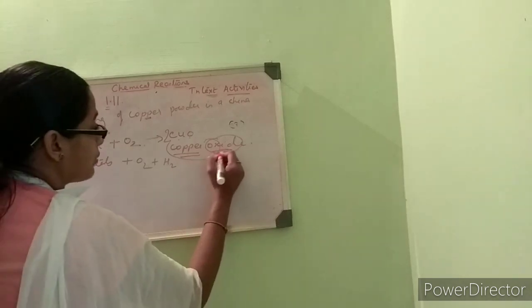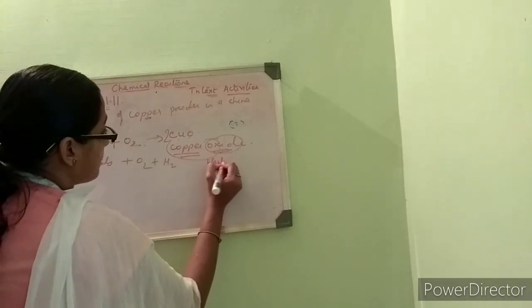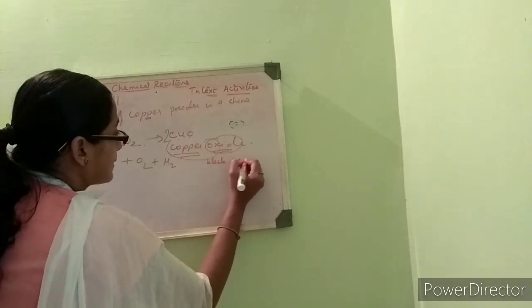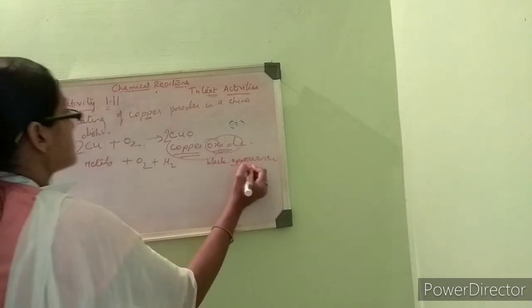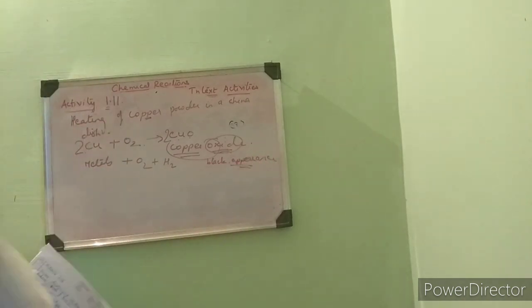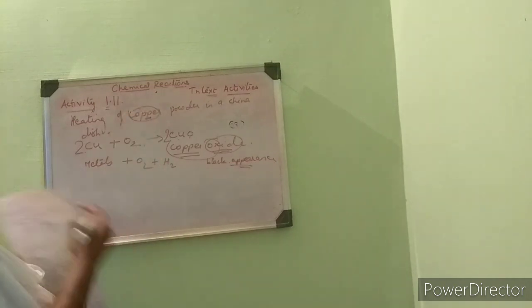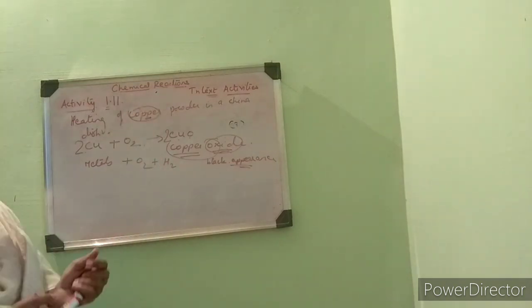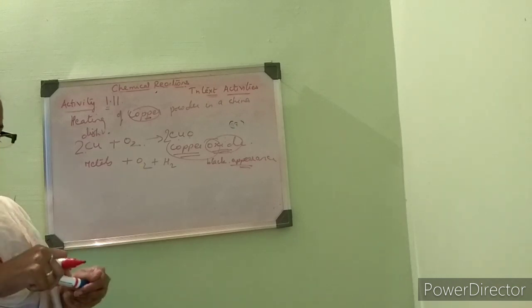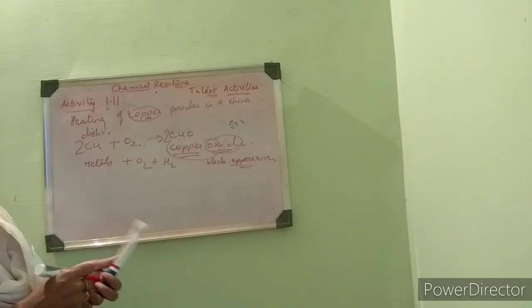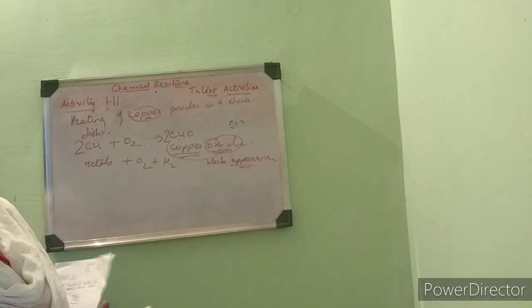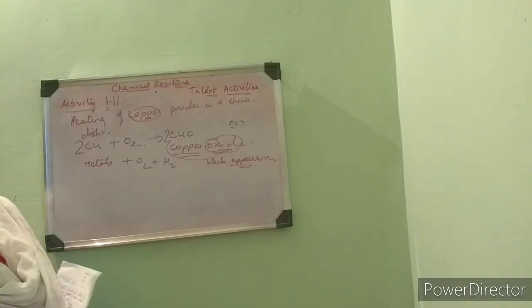Oxide always gives a black appearance. So that completes your in-text activities. And also it completes your chemical reactions chapter with respect to the activities.